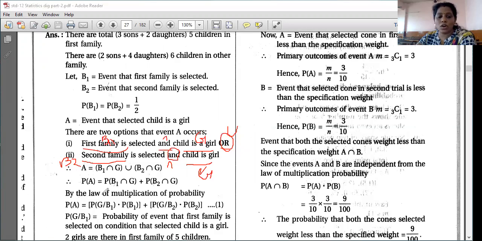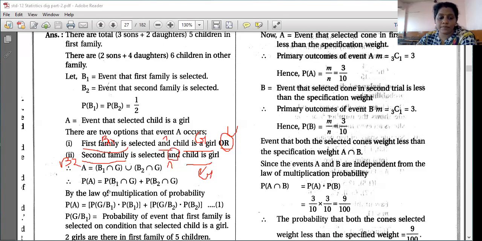Now we'll see the law of multiplication of probability. Now P of A is equal to P of G upon B1 into P of B1. How did this come? See, P of B1 intersection G, what have we assumed here? G upon B1.